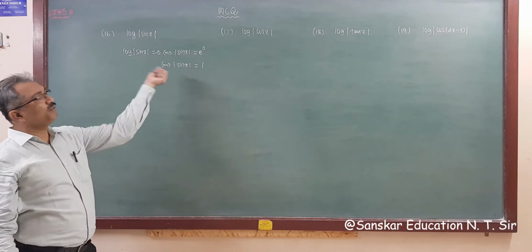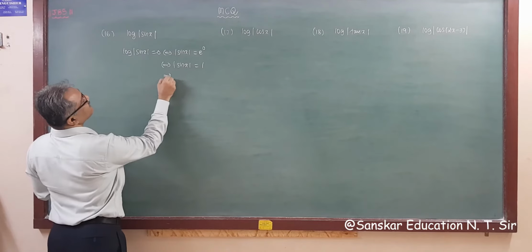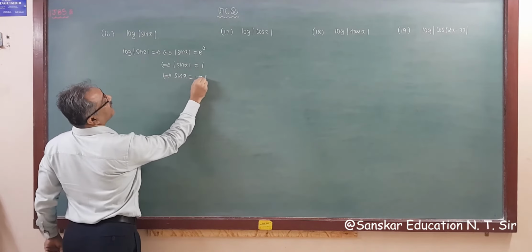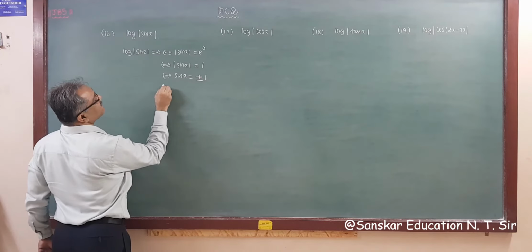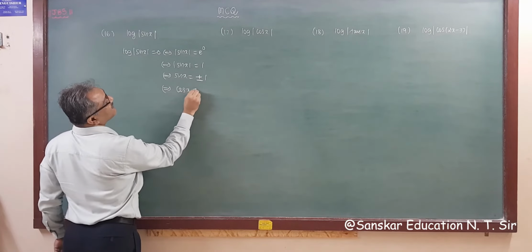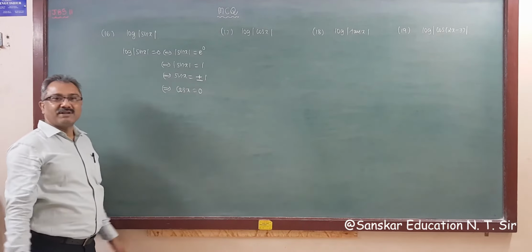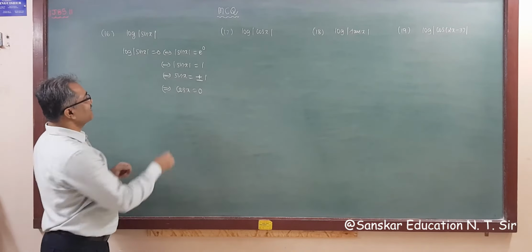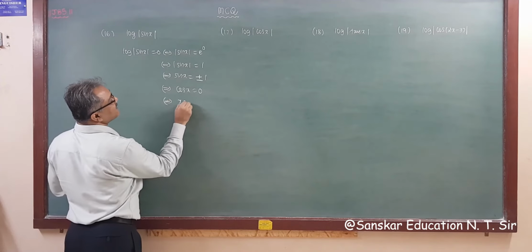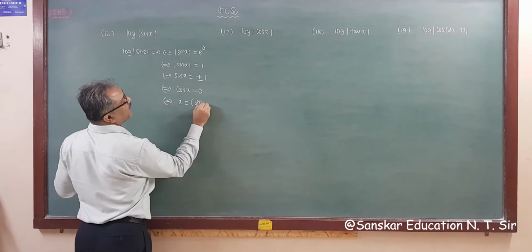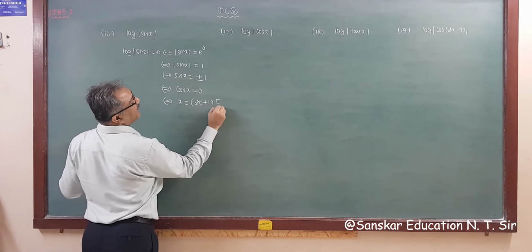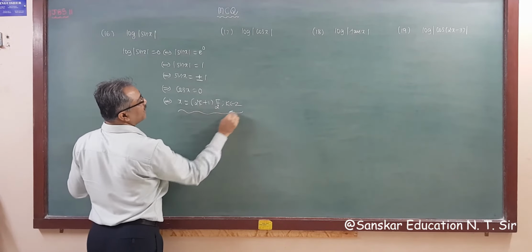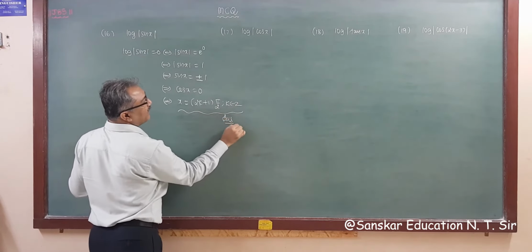If we remove the modulus, then sin x is equal to plus or minus 1, that is cos x is equal to 0, and the set of zeros for cos, you know, is x equal to (2k plus 1) pi by 2, k belongs to Z. So this is your answer, right?